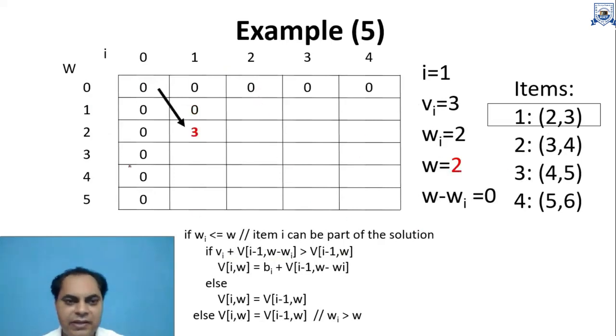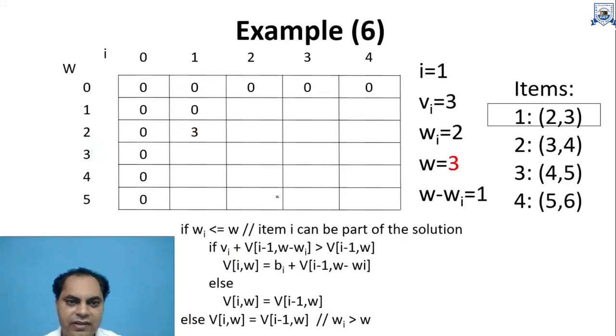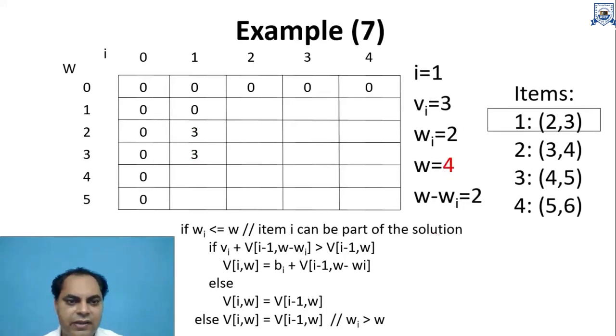Similarly, when the current capacity of the knapsack is 3 and you are considering the single item, again it would get 3. Or if you increase the capacity further, now it is 4, and you are considering the single item, it will remain 3.